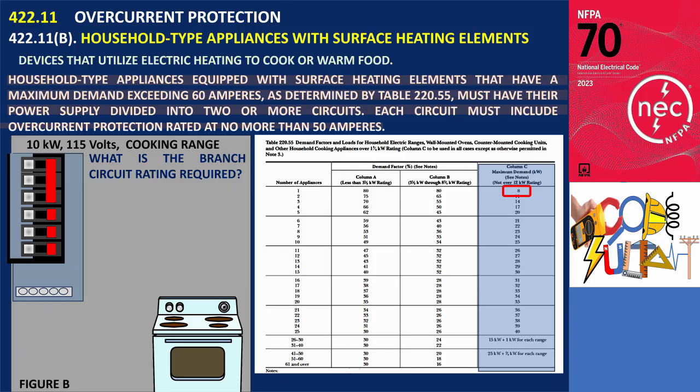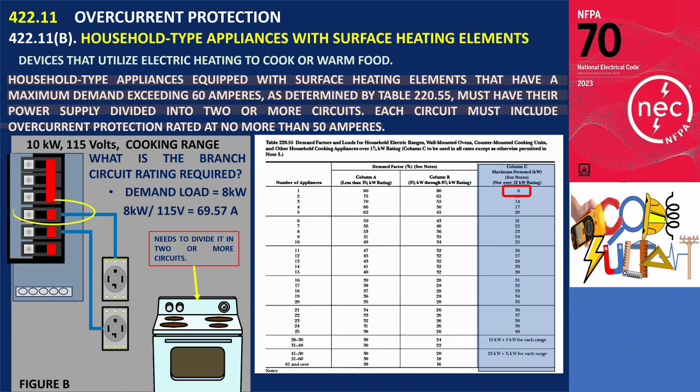By calculating the maximum demand current, 8 kilowatts divided by 115 volts, we find it to be approximately 69.57 amperes. Since this exceeds 60 amperes, it needs to be divided into two or more circuits. Each of these smaller circuits must have its own overcurrent device that is set to protect it from being overloaded, and this device can't be set higher than 50 amperes.